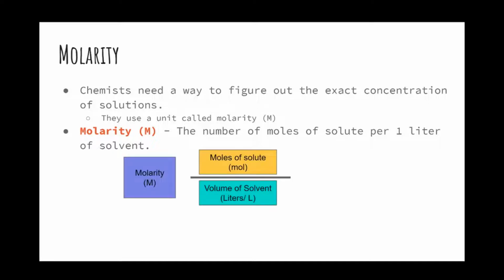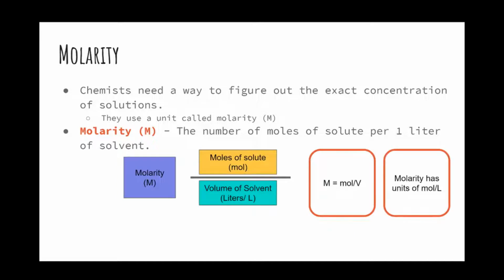If we were to write out a formula, molarity would be equal to the moles of solute, noting that the unit for moles is just mol, divided by the volume of solvent. And that volume must be in liters, represented by L. We could rewrite this as a very simple equation: M, that capital M again meaning molarity, equals moles divided by volume.